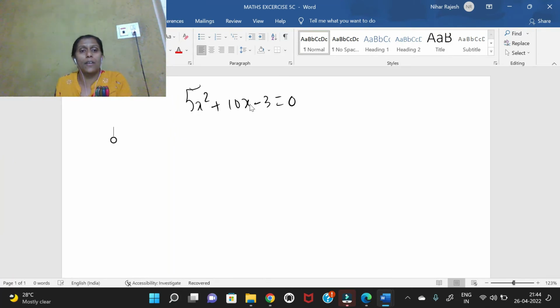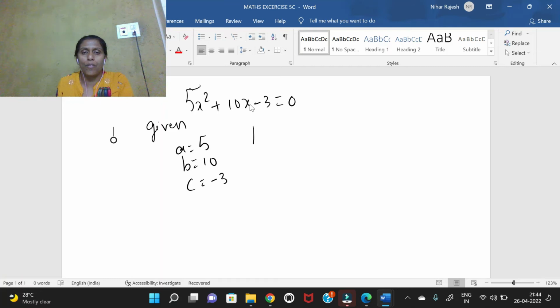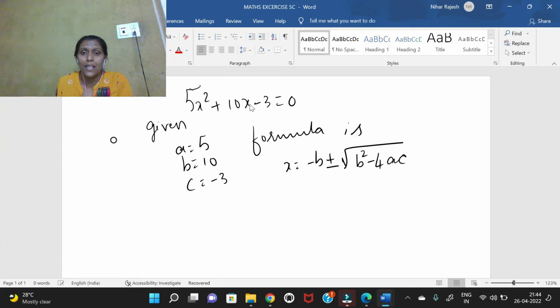Of course, take your A, B and C values given, write step by step, otherwise you will be losing a lot of marks. A is 5, B is 10 and C is minus 3. Formula is x is equal to minus B. You know this formula, and I'm sure by the time you have heard so many times speaking about the formula and you have repeated, you know how to work on this.